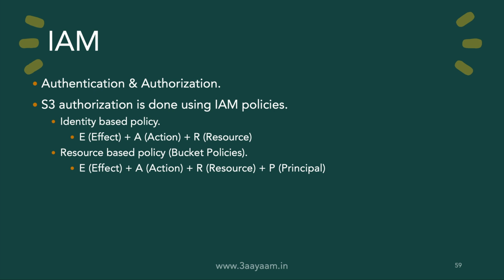Principal is basically the user who is given access to use this resource. Effect, as I already mentioned, is basically either allow or deny. Then resource is the S3 bucket or a particular folder or an object. And principal is the user to whom the access has to be given.